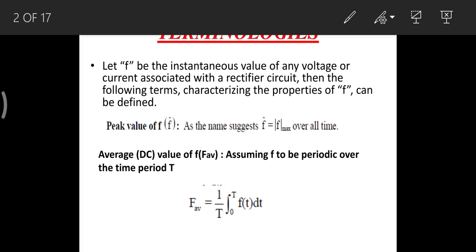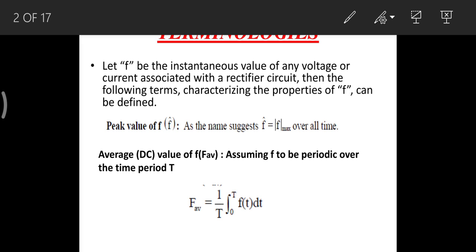Generally we use the function Vm sin omega t. That means f of t is equal to Vm sin omega t, where Vm is the maximum voltage for a given sine wave. For understanding these terms, here they mentioned a function f of t.